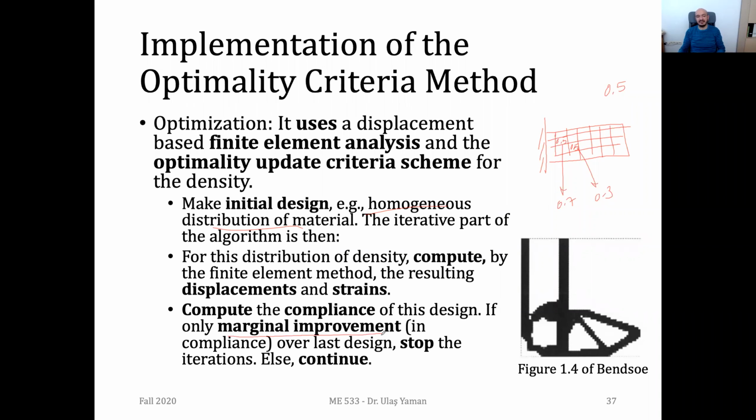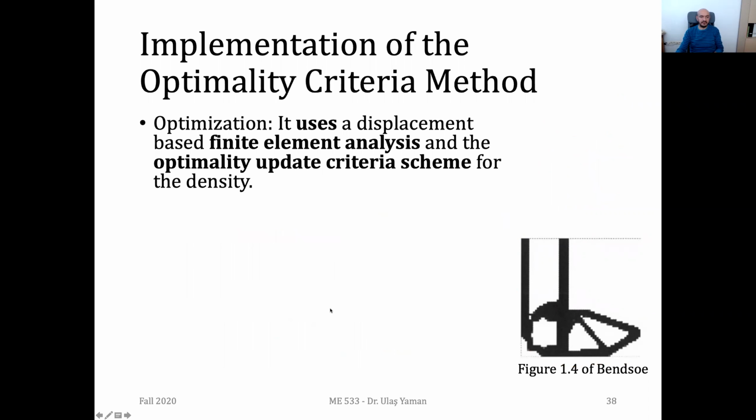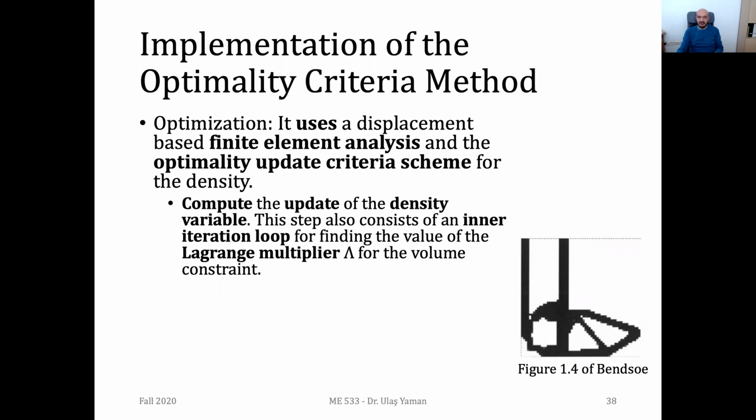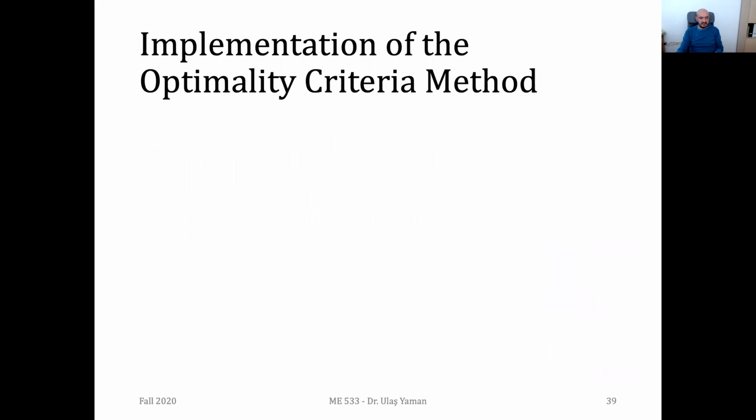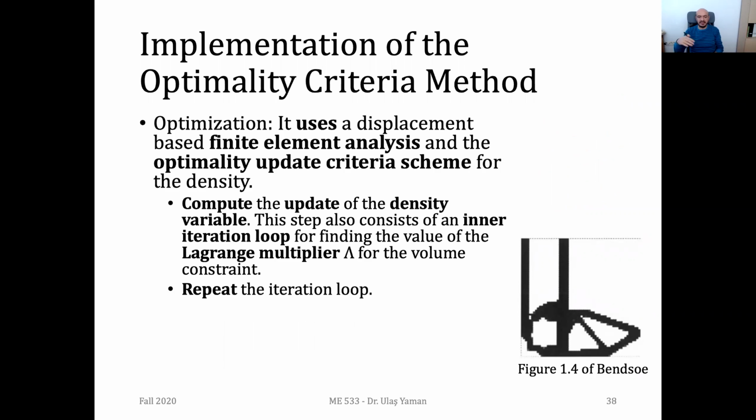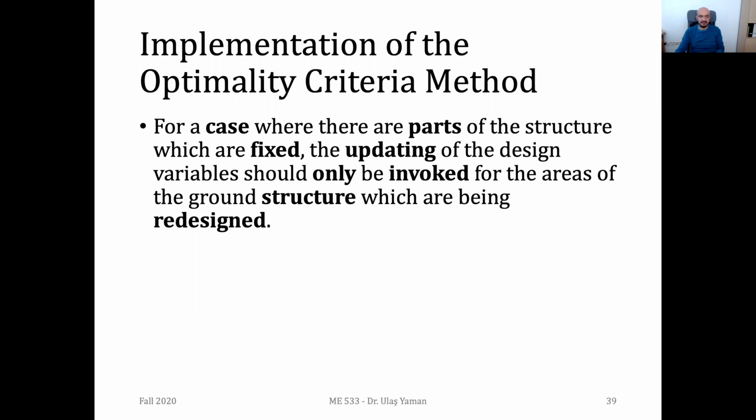If that's the case, then you can stop and tell the user that this is the optimized design, and it's better not to do more computation since the compliance is not changing anymore. These are the things I mentioned. So we do these steps until we come up with an optimal design.